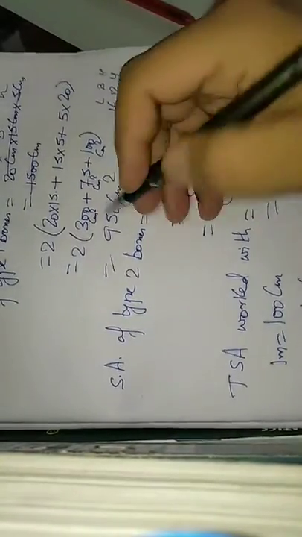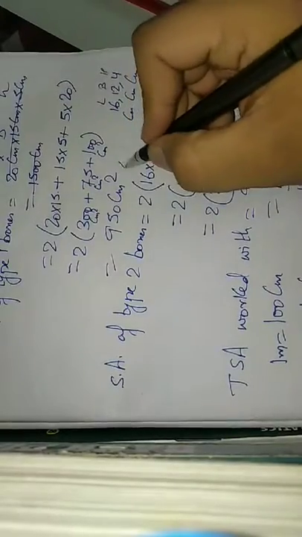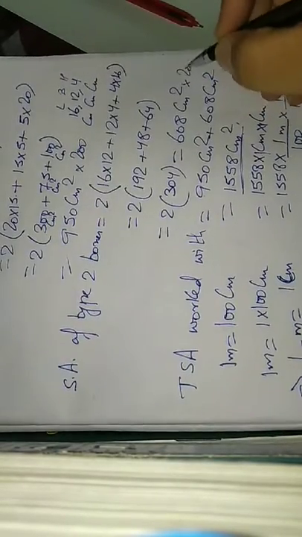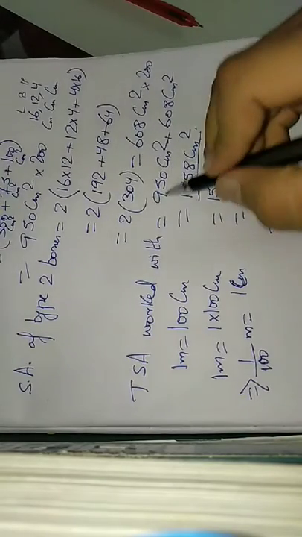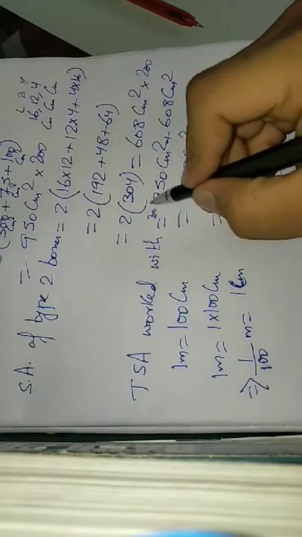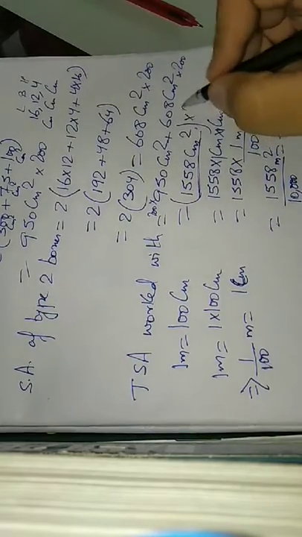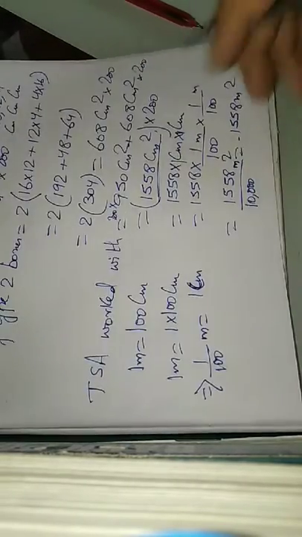Means here this is the surface area of each box multiplied by 200, and this also multiplied by 200. Let's take 200 common, right students? So this is this into 200. Correct?